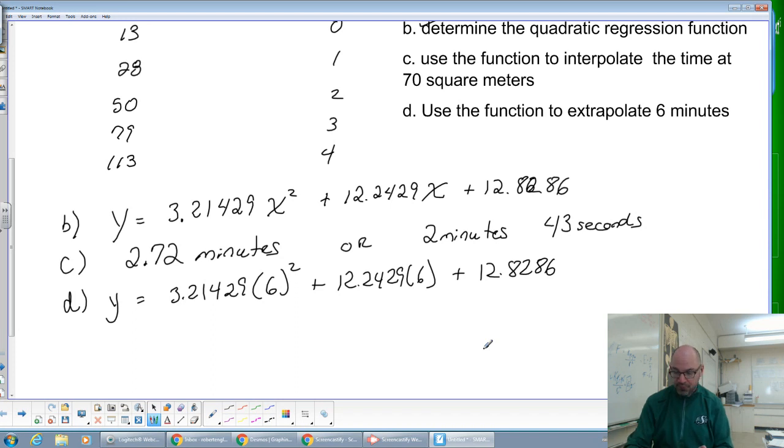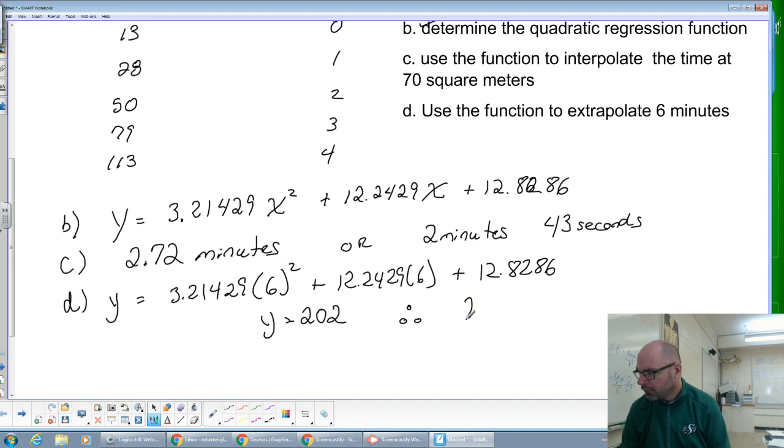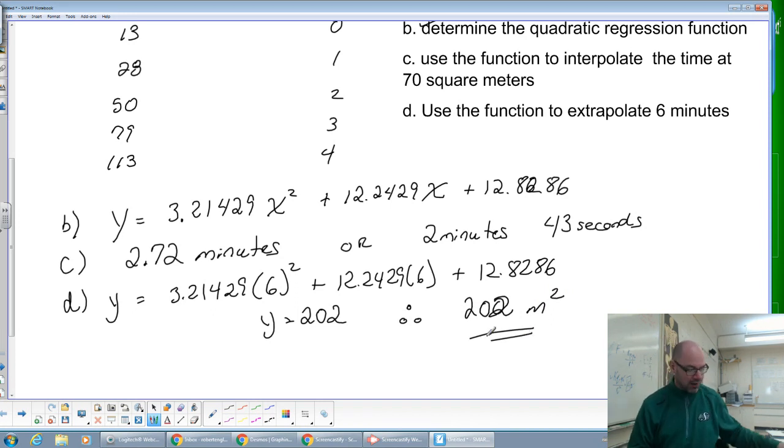So when I do that, I get 202 approximately. So it should be 202 meters squared. Okay, so let's check that on the graph and make sure that we're on the same page here.